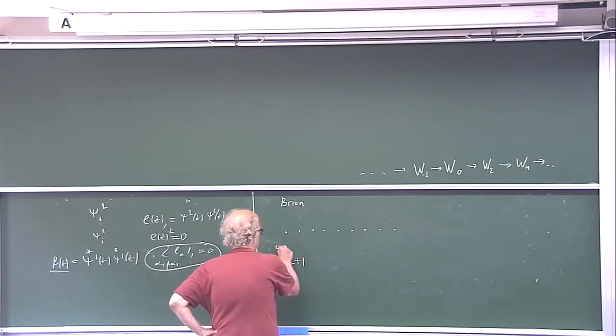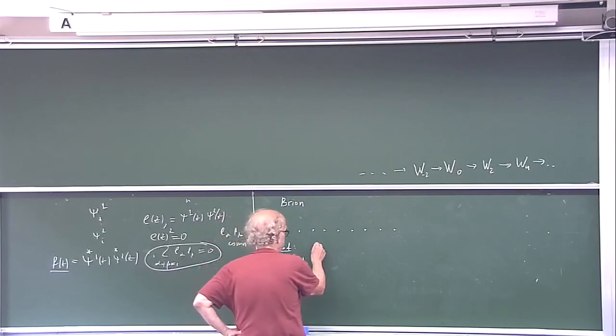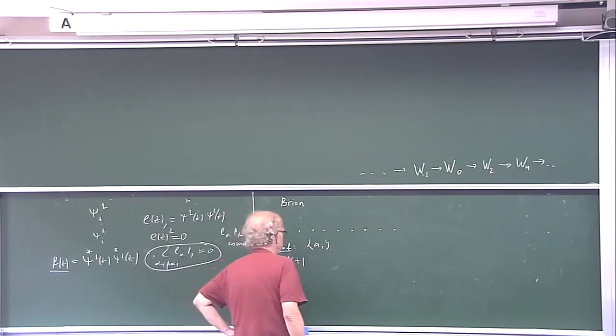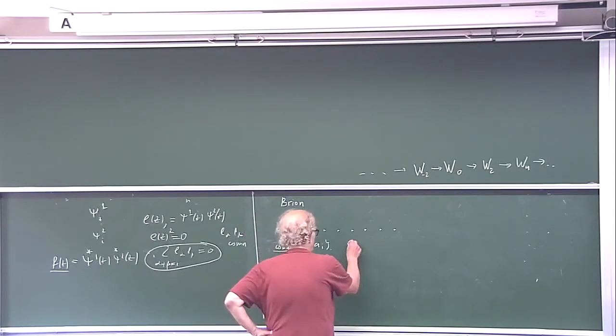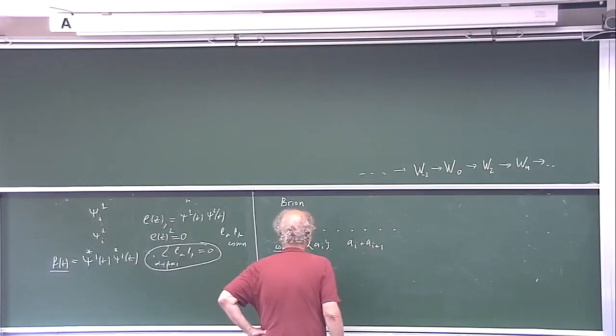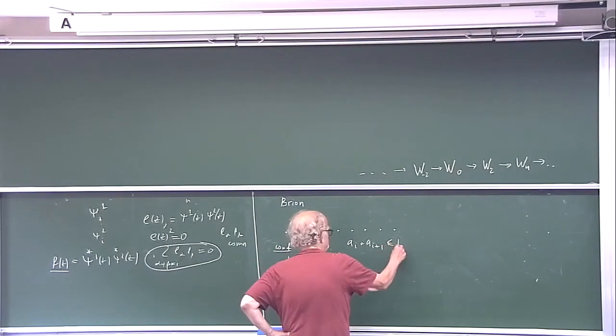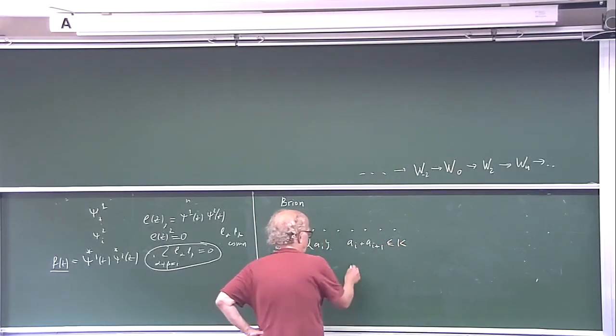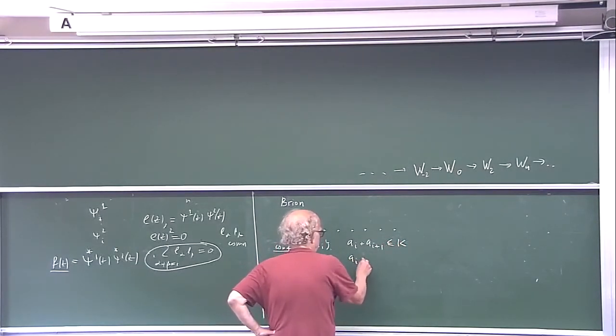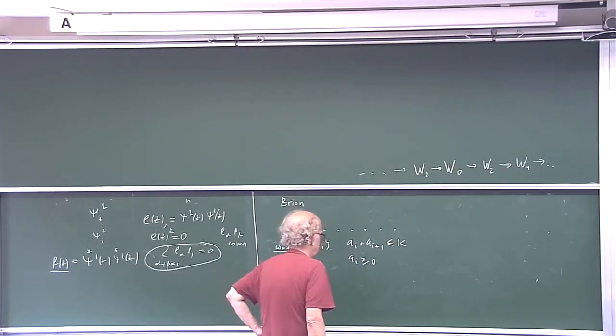We have configurations, which are just a collection of a_i, and we have the condition that a_i plus 1 and all a_i are bigger than 0.